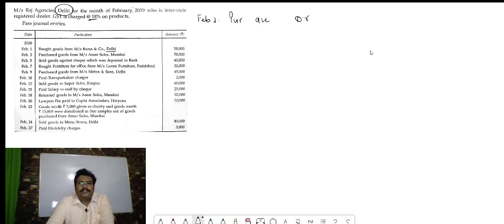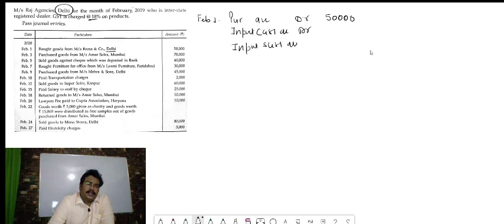It will be how much? 50,000. Input CGST account debit. Input SGST account debit. I already told you in the last class that at the time of purchase we will record input. So input CGST, input SGST.